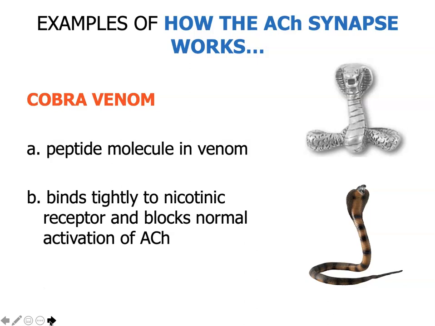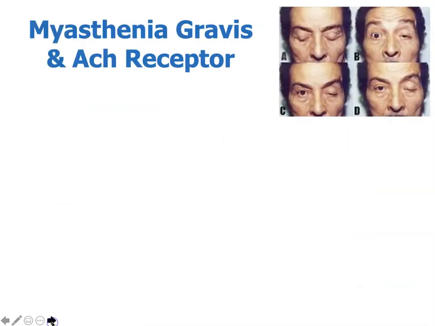This is the neuromuscular junction, and it would irreversibly bind and would not allow for stimulation, and therefore you would essentially paralyze the individual with the alpha bungarotoxin that is in the cobra venom.